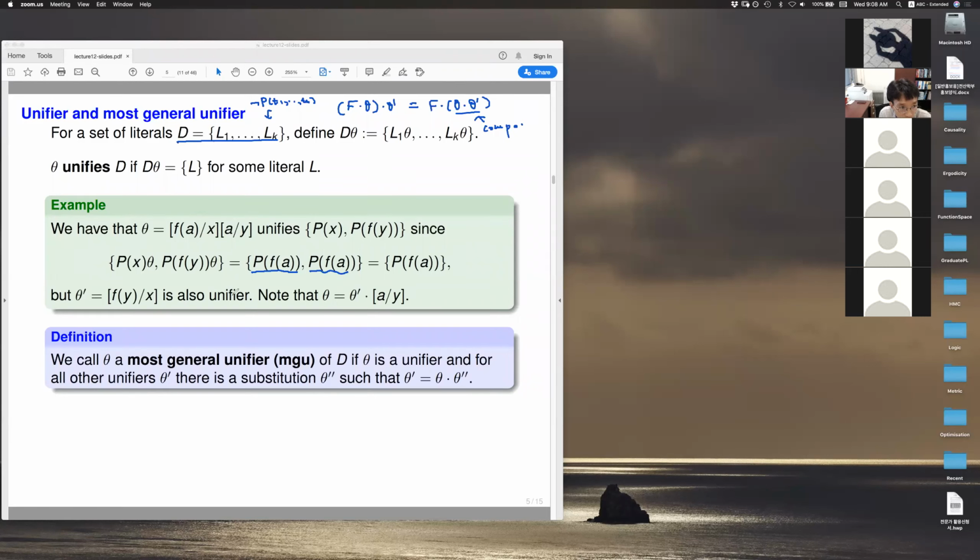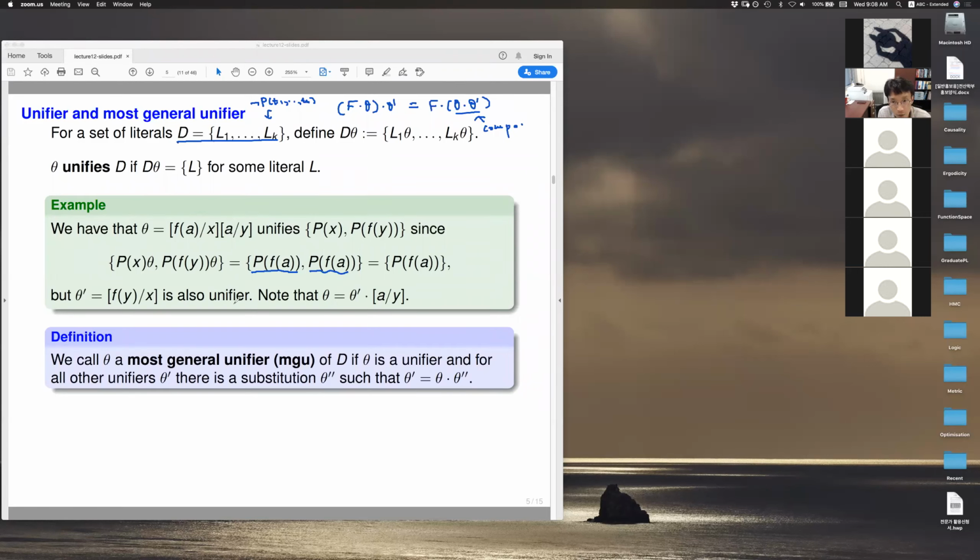If you think about how we obtained a unifier, we obtained it by replacing variables by something more specific. For instance, here we replace variable X by F of A, which is a more specific term than variable X. X represents anything, while F of A represents only one specific thing.